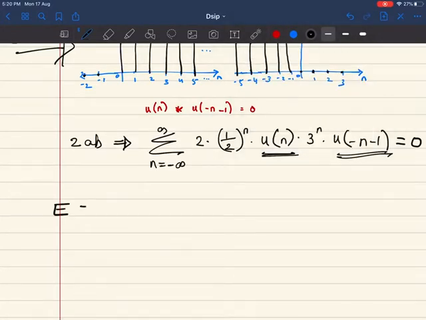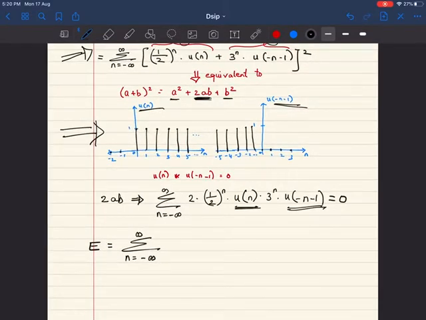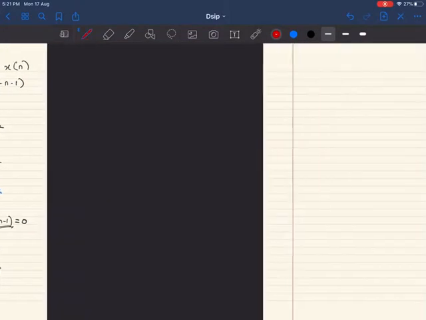So, E is equal to summation of n equal to minus infinity to infinity of ((1/2)^n u(n)) the whole square plus summation of n equal to minus infinity to infinity of (3^n u(-n-1)) the whole square. Okay. Now, we have to consider both the terms. Alright. Now, let us take this on the next page.